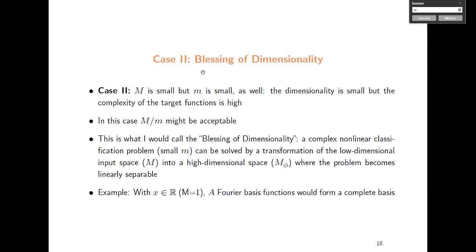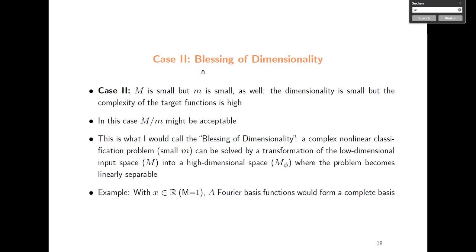Because if we introduce enough basis functions, any function can be modeled quite well. And this is what I call the blessing of dimensionality, because the mapping to the space of basis functions increases the dimension, which seems like a bad thing, but it also makes everything more linear, and so we can model this class of functions, a small number of inputs but high complexity, by introducing basis functions.